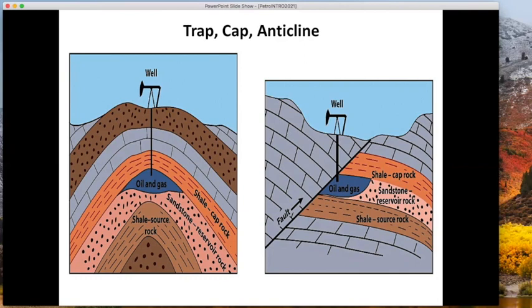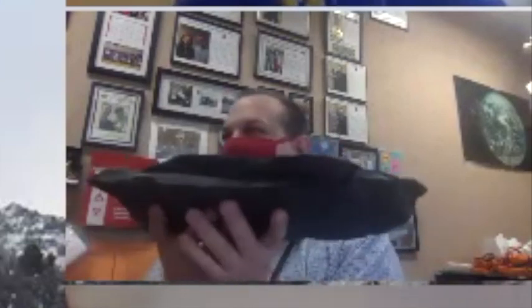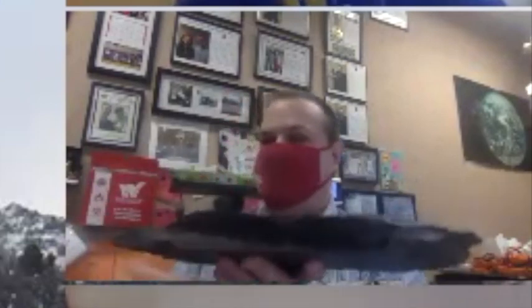Now, we've discovered in the last 80, 90 years, this rock called shale, even though it's impermeable, because it formed in the deep ocean, it's got oil in it. In fact, there's one variety called oil shale that you can literally light on fire. The rock itself will just burn. I don't think this is oil shale.